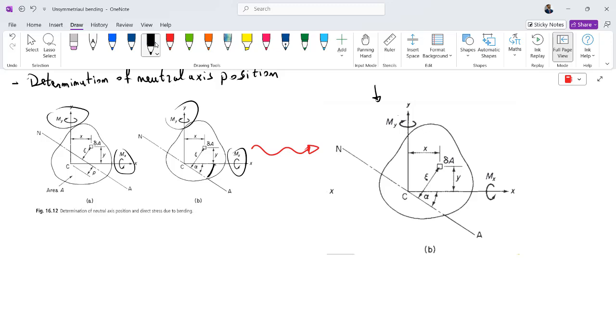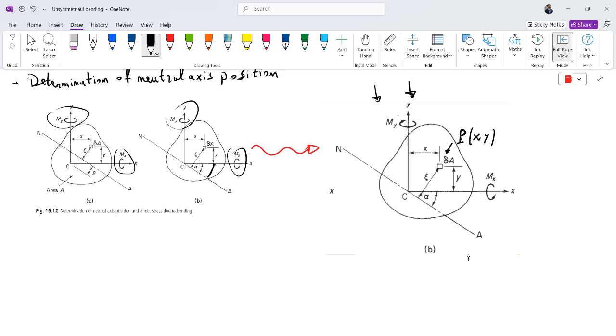If you see the zoom of picture B, we see a point P, where we take a small portion of area indicated with delta A. Point P is identified by the coordinates x and y.